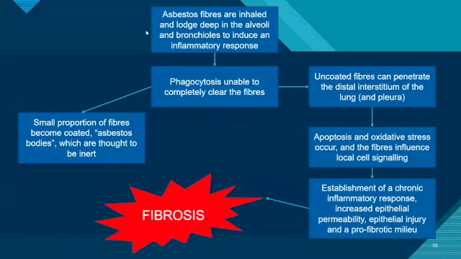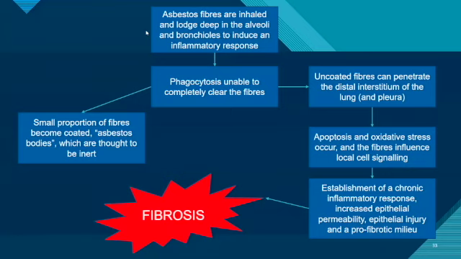So how do asbestos fibers cause lung disease? So the fibers are inhaled and lodged deep in the alveoli and bronchioles, and obviously therefore induce an inflammatory response as a foreign body. Phagocytosis is unable to completely clear the fibers. So some fibers, if you follow this arm, become coated and are known as asbestos bodies or ferruginous bodies, and these are thought to be inert.